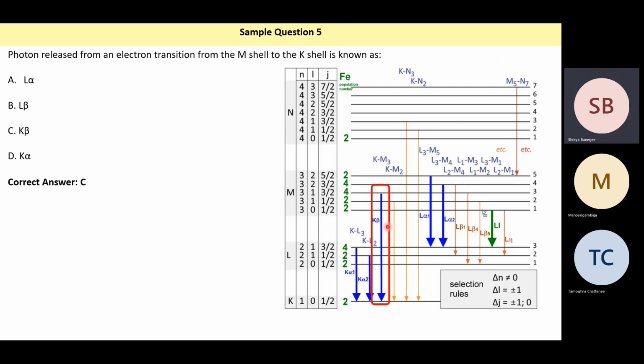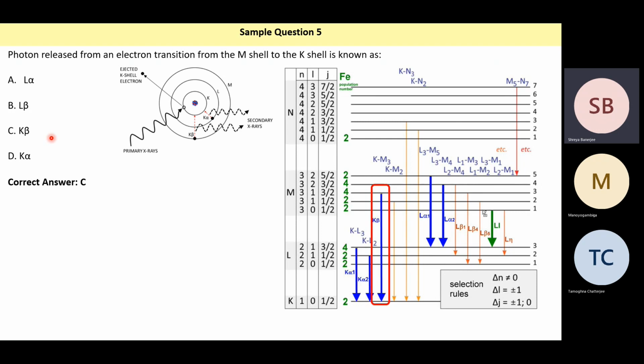If it came from N, it would be K gamma. So the first letter is always the final shell it is going to, and if it comes from the one immediately after, it is alpha, the next one beta, the next one gamma, and so on. So here your correct answer is actually K beta.